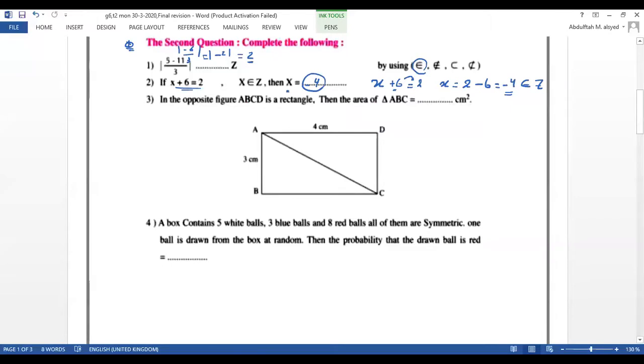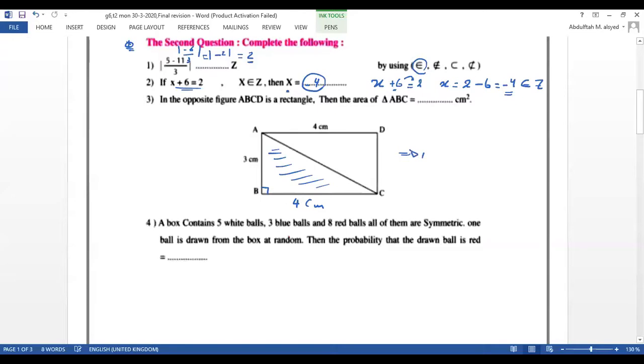Number 3: as in the opposite figure, ABCD is a rectangle. Then find the area of the triangle ABC. This triangle is ABC. As you know, this is a rectangle, so B is a right angle, and also AD equals BC, so BC equals 4 centimeters. You have the height and the base, so you can find the area.